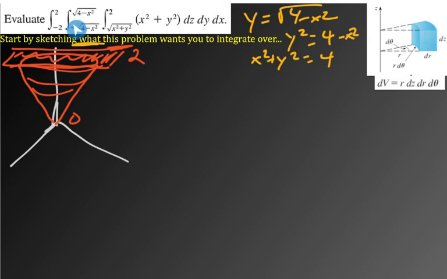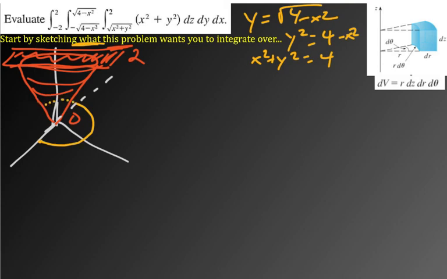So you're getting a circle right there. What's happening is y equals the positive square root gives you this part, and y equals the negative square root gives you the other part. So we're getting a circle down there.